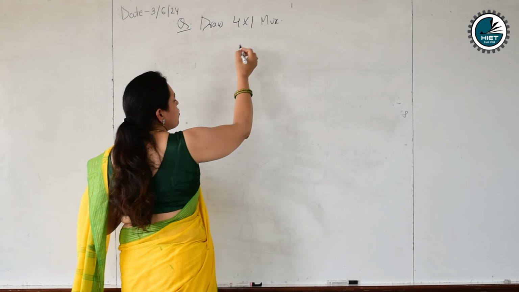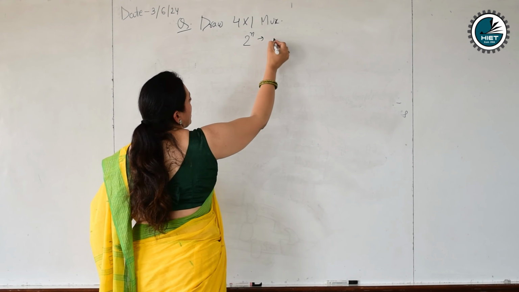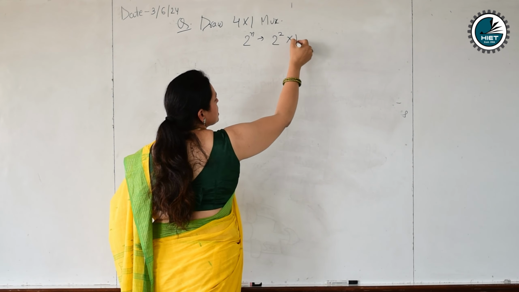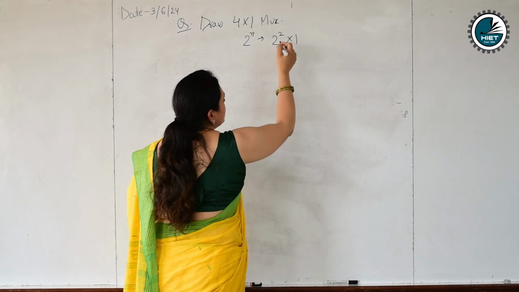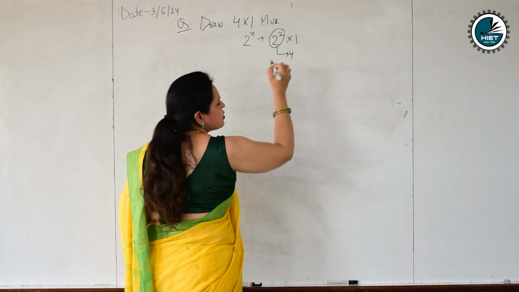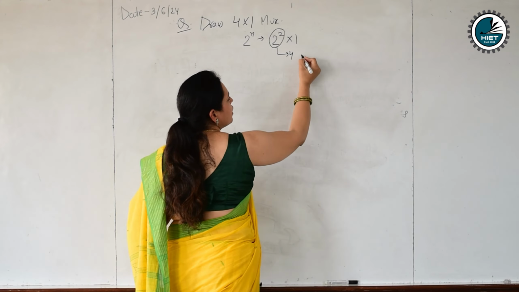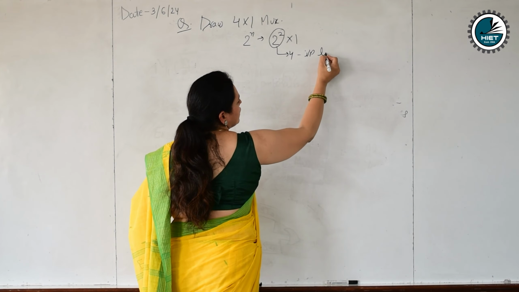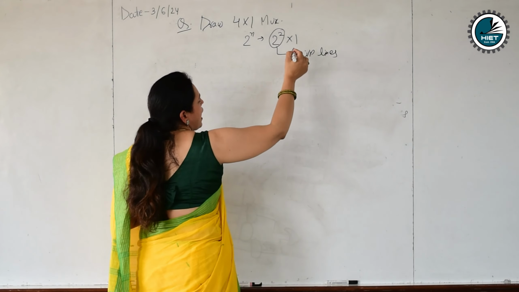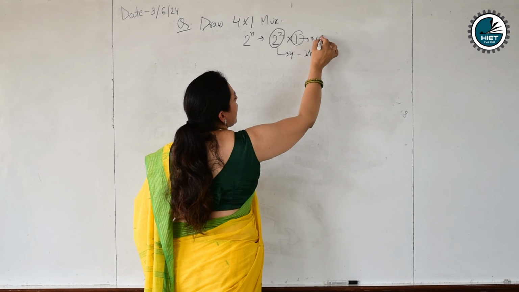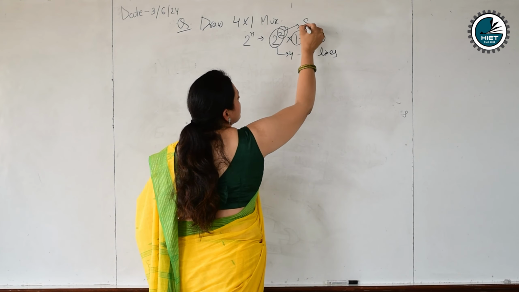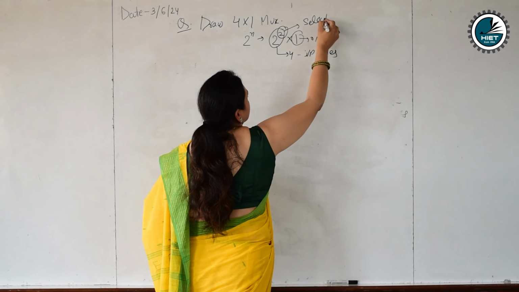Same steps. How to find out 2 to the power n? That means 2 to the power 2 cross 1. This 2 shows 2 to the power 2, that means equals 4. It will give you 4 input lines. And 1 is your output, and this power is your selection lines.